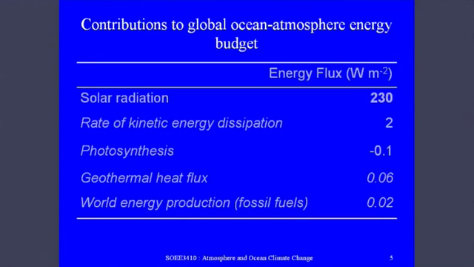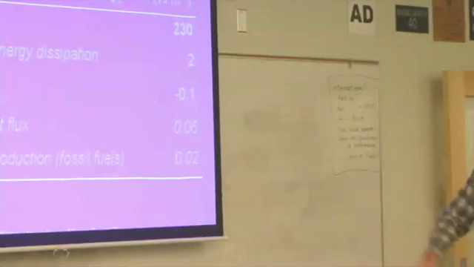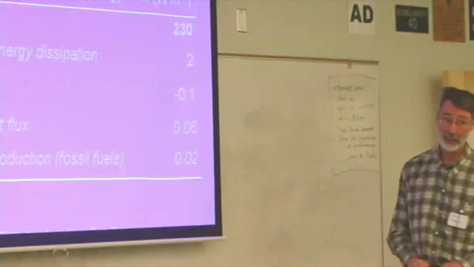Photosynthesis, all the plants, they actually are the other direction. They turn solar heat into wood, so they remove heat. There's geothermal heat flux from the ground caused by the radioactive decay in the Earth. And then there's the heat we generate by burning fossil fuels. Pretty small number right now.